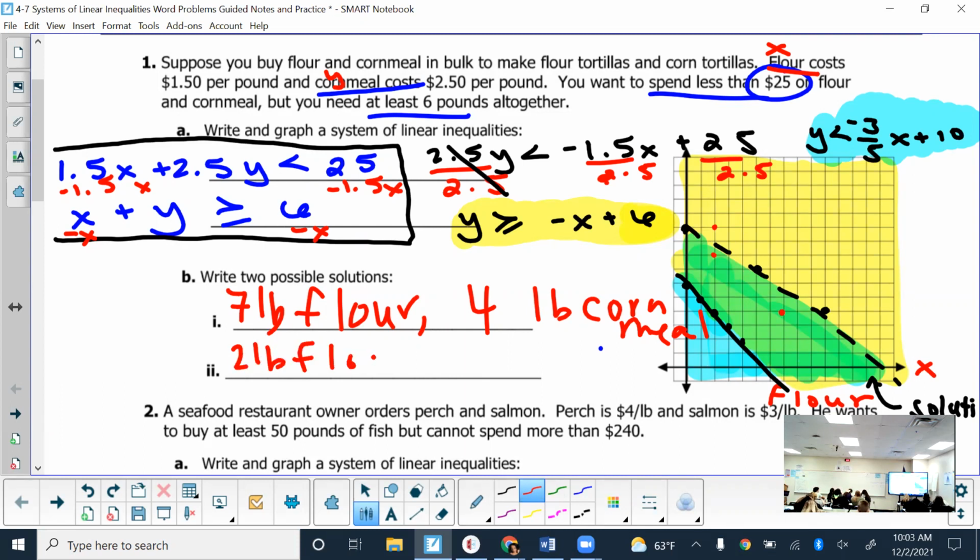Of flour and 8 pounds of what? Cornmeal. All right, any questions? All right, and really there's more than one right answer. So anything that goes in there is an answer.